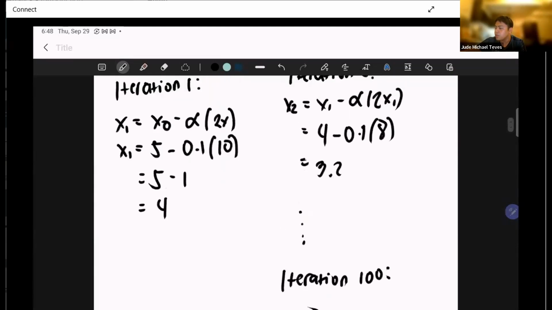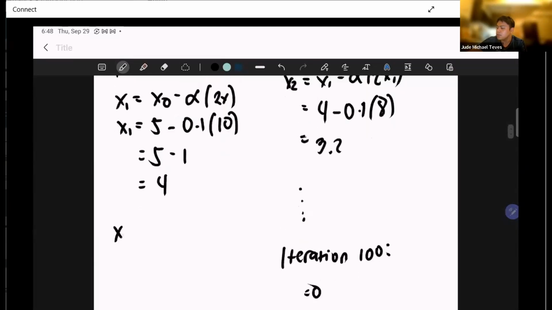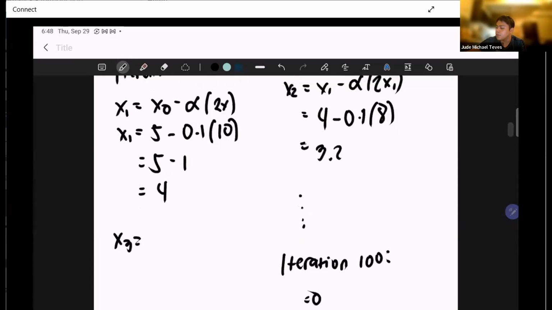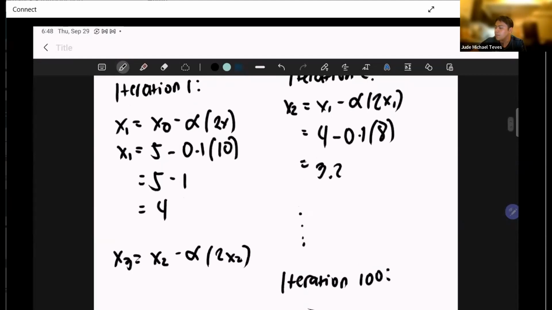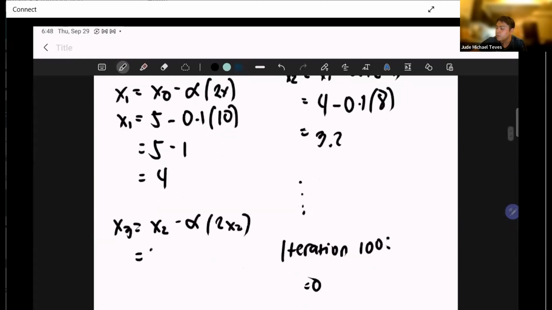Okay, if we continue this, what's that? It's 3.2. 0.1, 6.4.